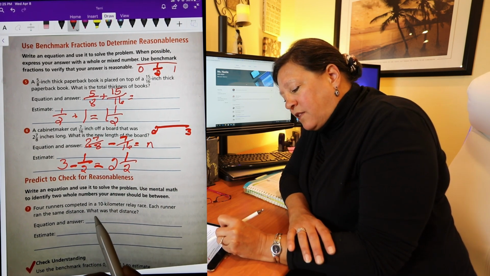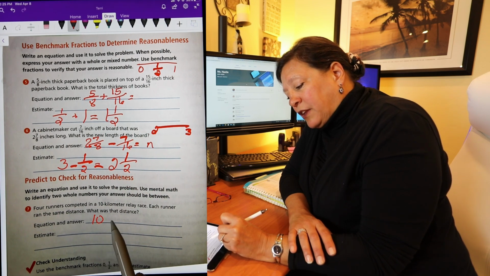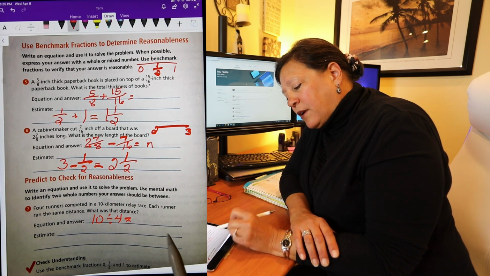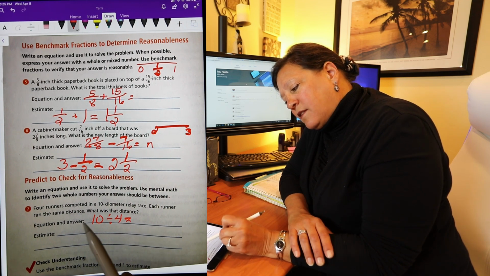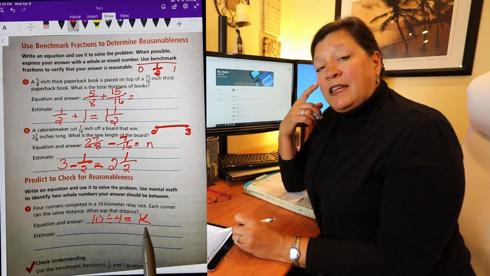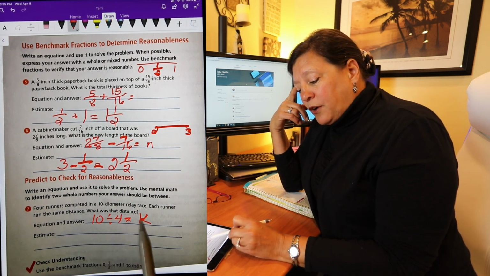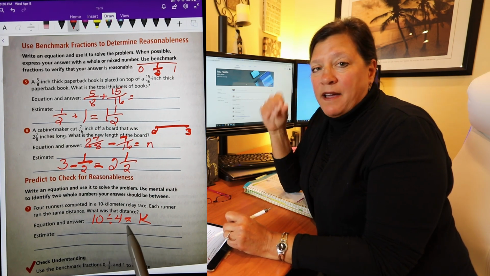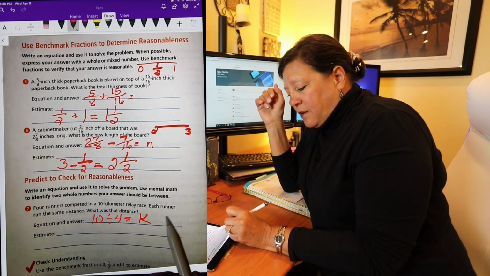Well, we know they ran 10 all together, and there are 4 runners. So 10 divided by 4 is going to give you the distance, in kilometers, that each one of them ran. If you take 10 divided by 4, you're going to end up with 2.5.